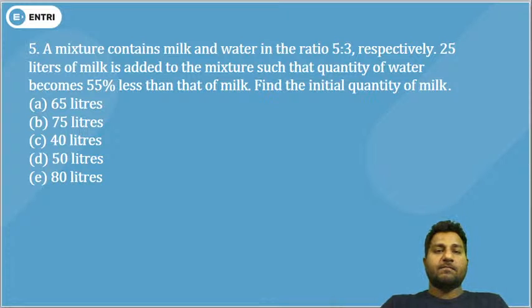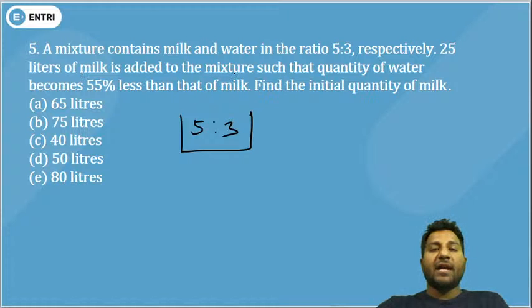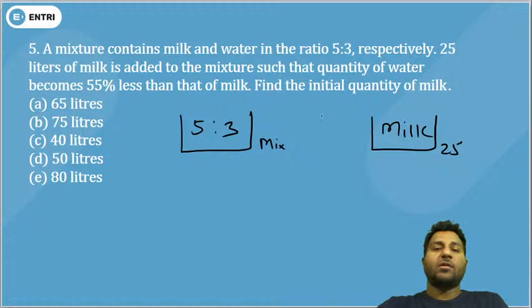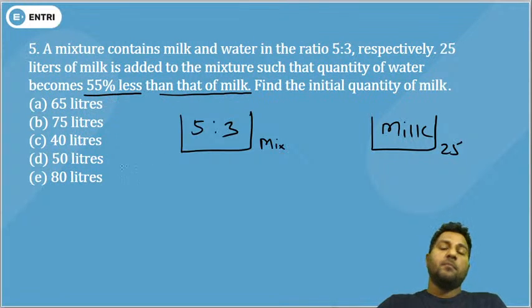Next question. A mixture contains milk and water in the ratio 5:3. 25 liters of milk is added to the mixture such that the quantity of water becomes 55% less than that of milk.